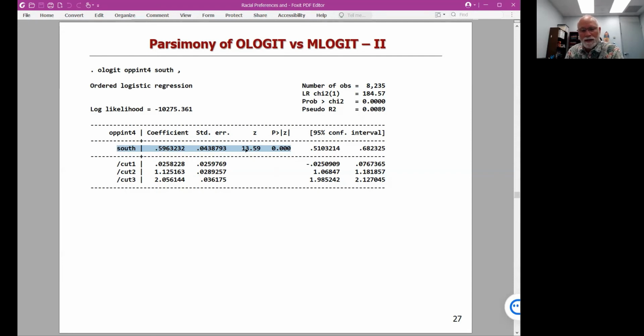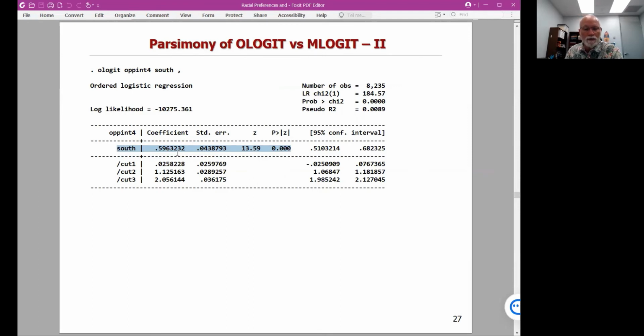Then we have a statistical test based on a Z ratio, the coefficient relative to its standard error. That's called the Z ratio. And then we have a probability value. This is interpreted just like in OLS regression. Basically, z values above 2 are probably going to be significant at 0.05. You need to be a little more careful than just that rule of thumb, but as a rule of thumb, z ratios at or above 2 typically are statistically significant at 0.05. So 13 is a really high z ratio, and it's significant at 0.01 and even 0.001.